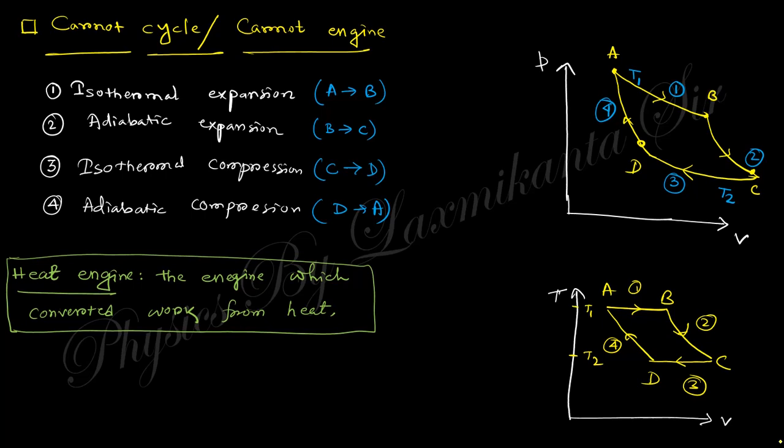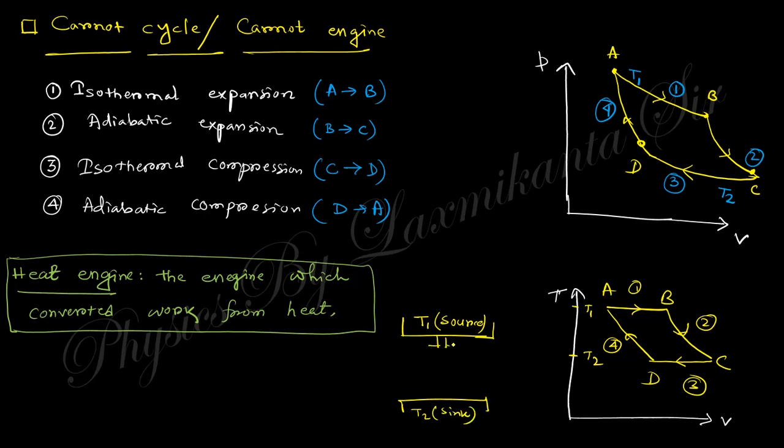Okay. Now we want to discuss the efficiency of this Carnot engine. For a common engine, there are two reservoirs. Temperature T1 is called the source. Temperature T2 is called the sink. There is an engine.